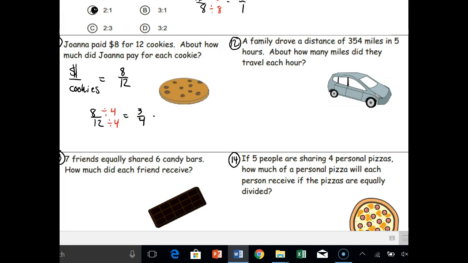Hopefully you know 3/4 of $1 is 0.75, right? 75 cents. So she paid 75 cents per cookie. You could also check your answer by simply multiplying 0.75 by 12, and you should get $8.